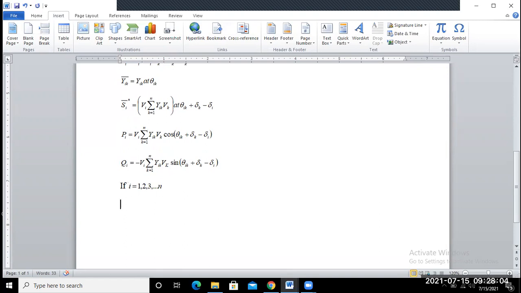What about the variables? Any bus has 4 variables, that means P, Q, V and delta.